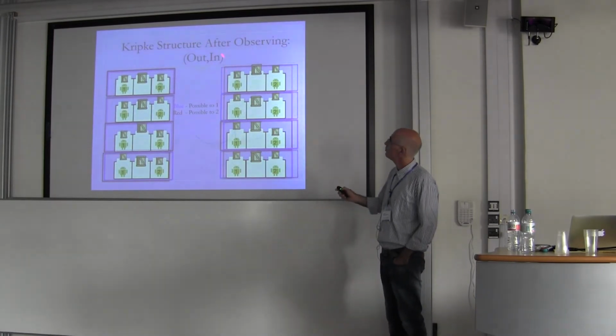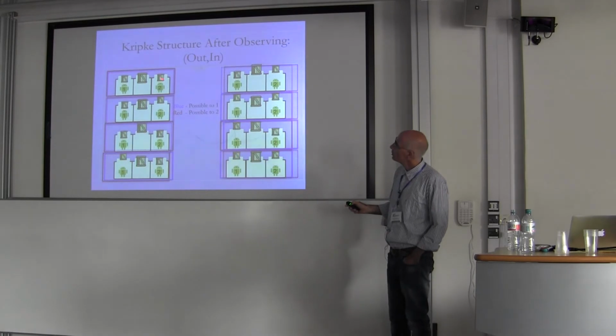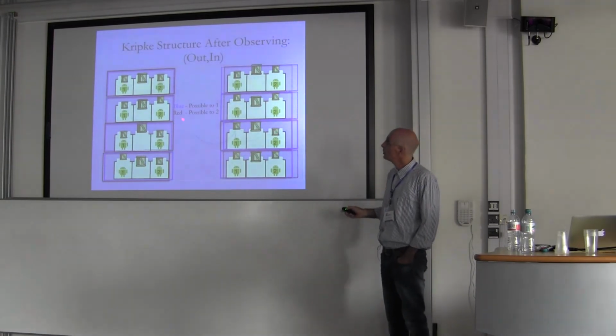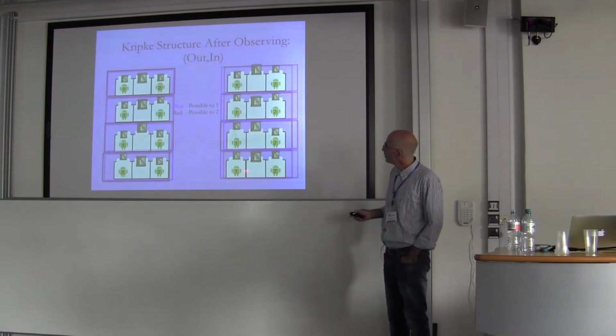Agent 2 observed that the box is in. So all the worlds in which the box is in, this one, this one, this one, and this one, are indistinguishable to the agent, and these are the currently possible worlds. And had it observed out, it would be this one, this one, this one, and this one.